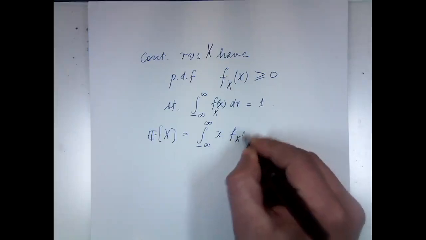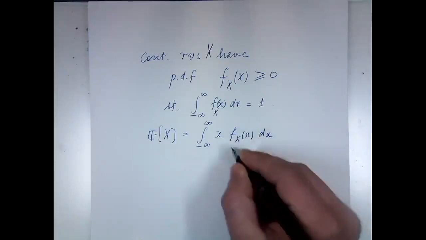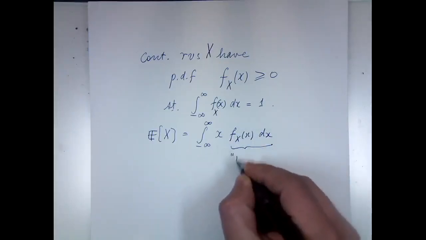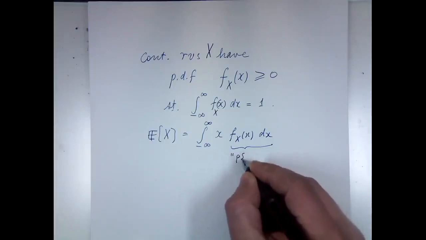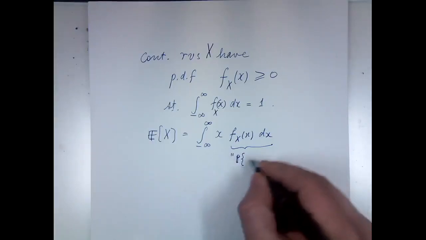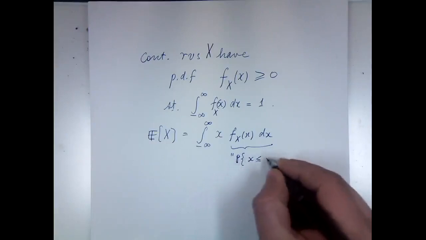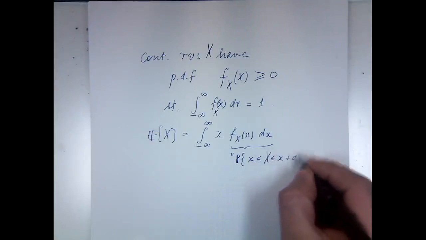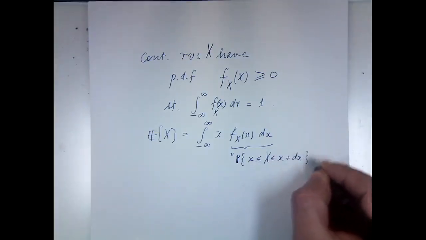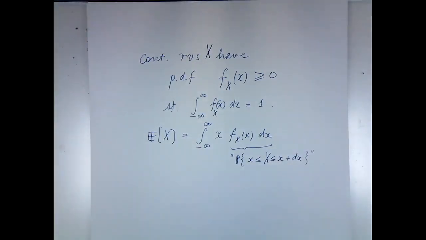Yeah, x times the density. And remember, I like you to think of f(x) dx as, in inverted commas because we don't actually believe in infinitesimals, the probability that X lies in a very short range of width dx, where dx is an infinitesimal. That's how you think about it.